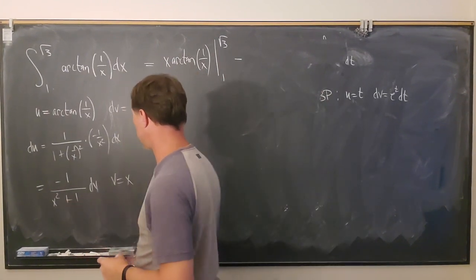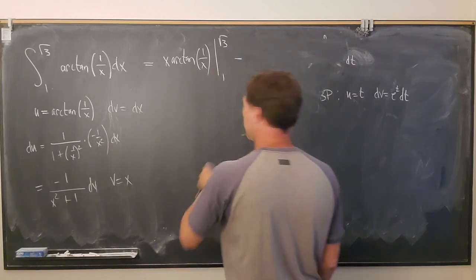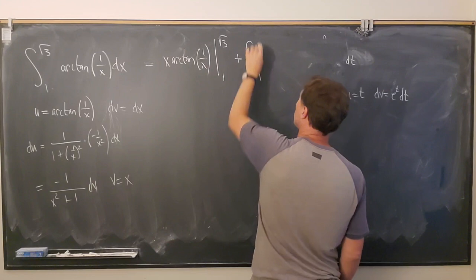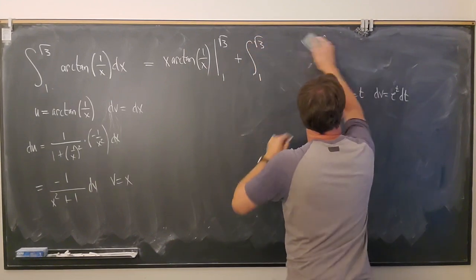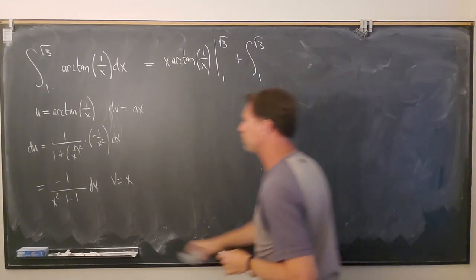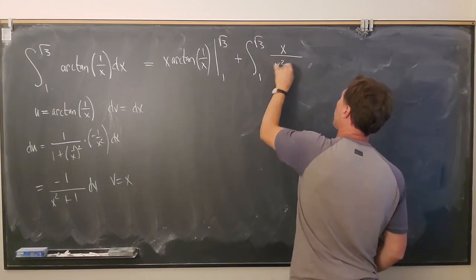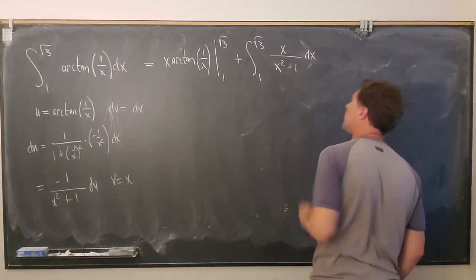I'm going to multiply these two pieces, and that will give me, actually, it's going to be plus the integral from 1 to root 3 of x over x squared plus 1 dx.